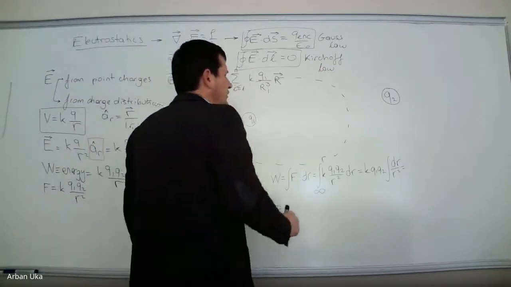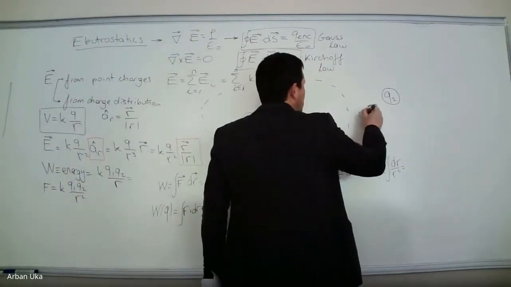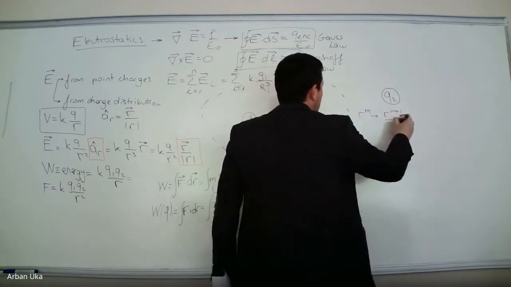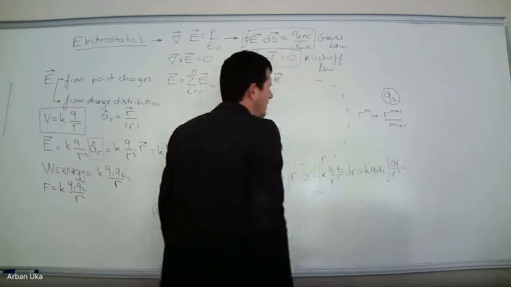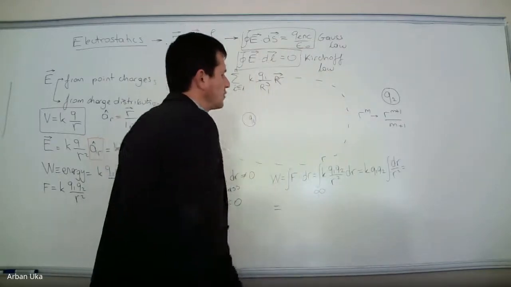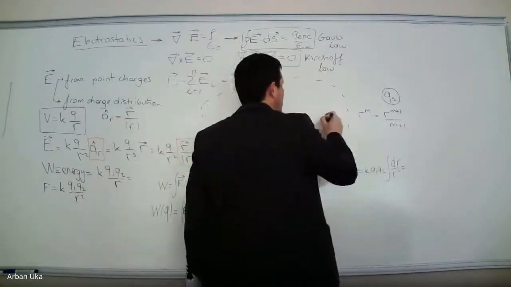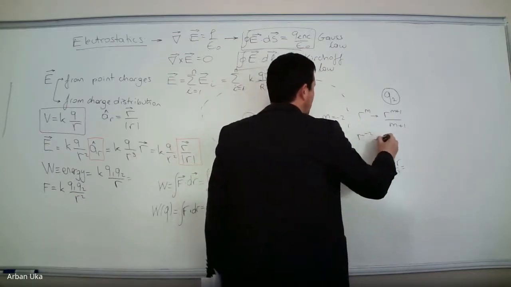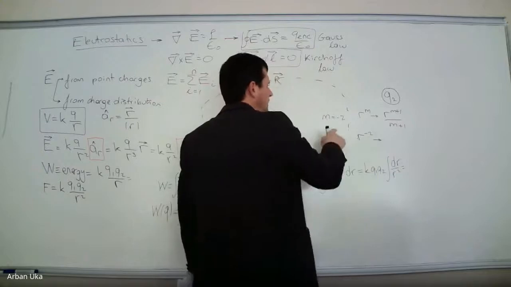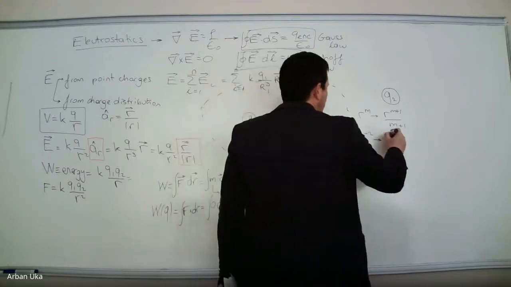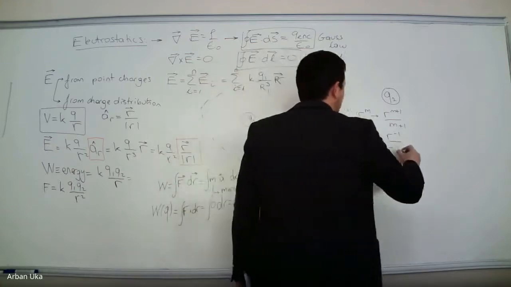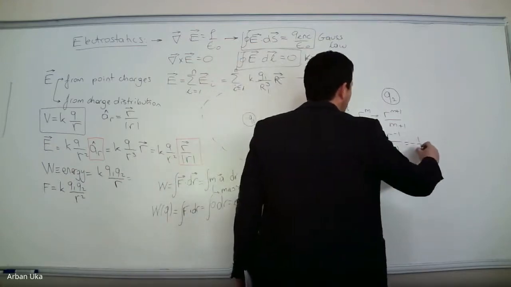When we integrate r^n, this will be equal to r^(n+1) divided by n+1. Now n is equal to minus 2, so this will be r to the power minus 1 divided by minus 1, so this is minus 1 over r.